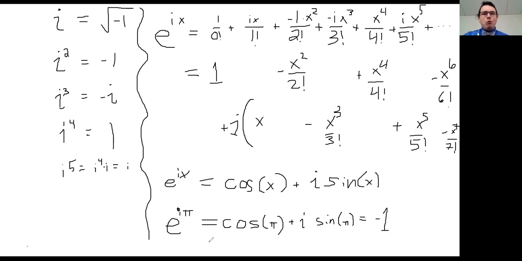I could even choose to rearrange this and say that e to the power i times pi plus 1 equals 0. This might be a version of the equation that you're more familiar with. So now I have some of the most important numbers in mathematics: 0, 1, e, pi, and the imaginary unit, the square root of -1.